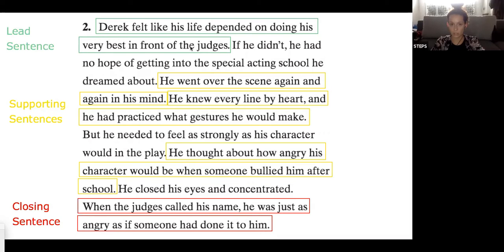Okay, good job. When the judges called his name, he was just as angry as if someone had done it to him. So how does our character, what happens from the beginning to the end of this paragraph or this description? Kent, how does this character change from the beginning to the end of this paragraph?